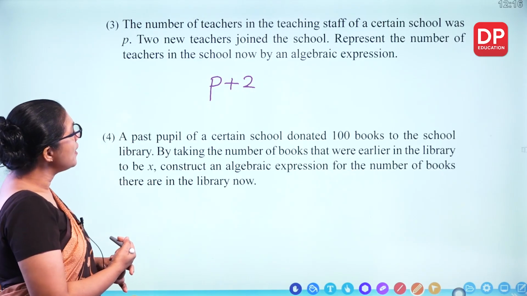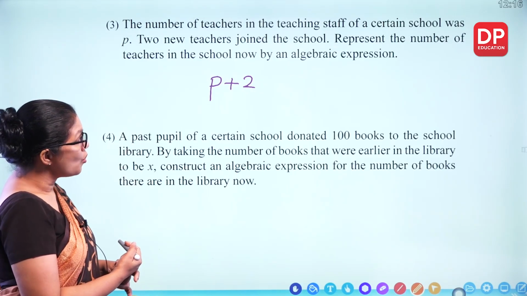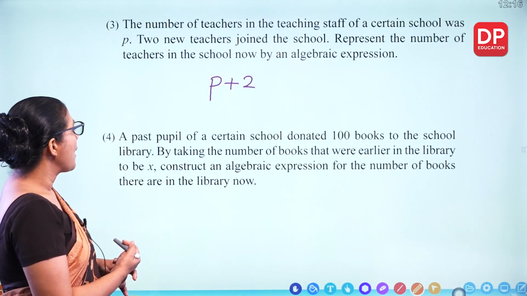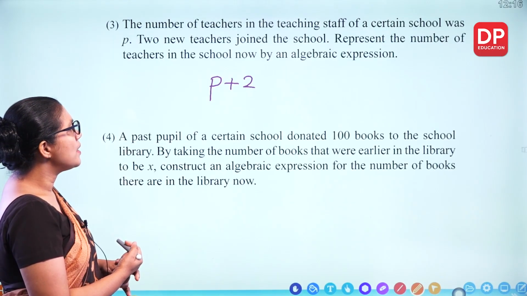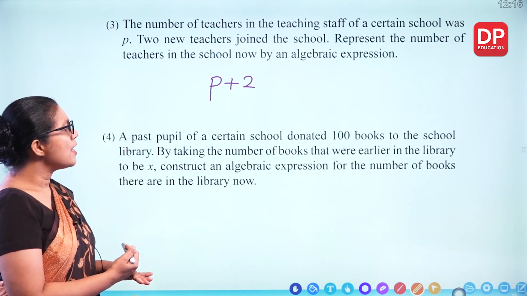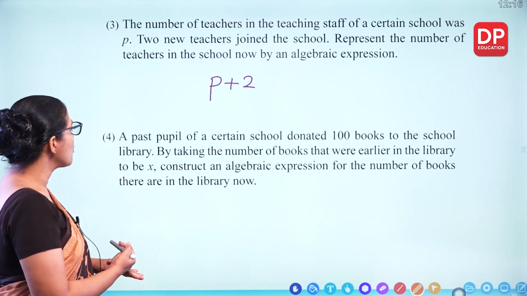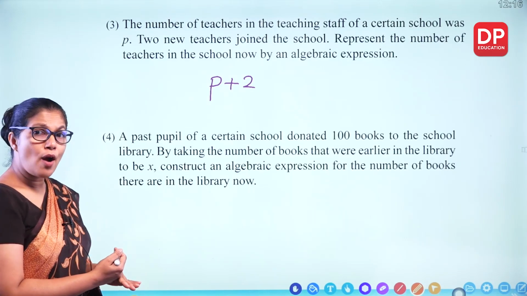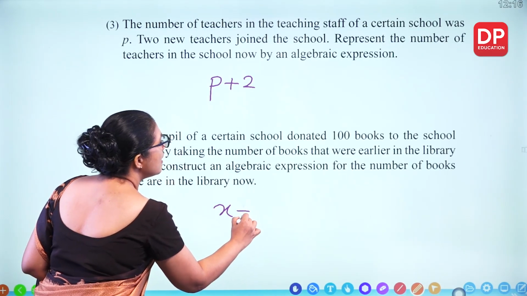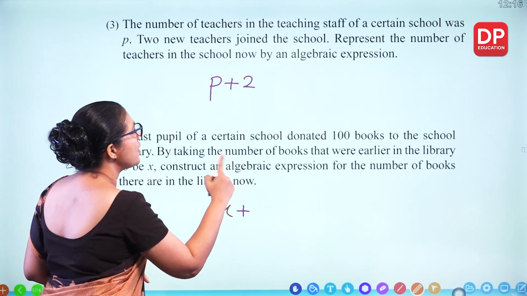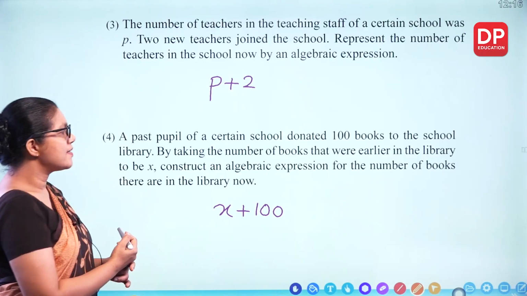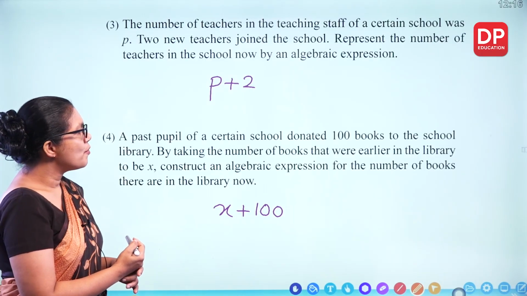A past pupil of a certain school donated 100 books to the school library. By taking the number of books that were earlier in the library to be x, construct an algebraic expression for the number of books there are in the library now. Earlier, it was x number of books. So, 100 books donated. So, x plus 100 is the total number of books now.